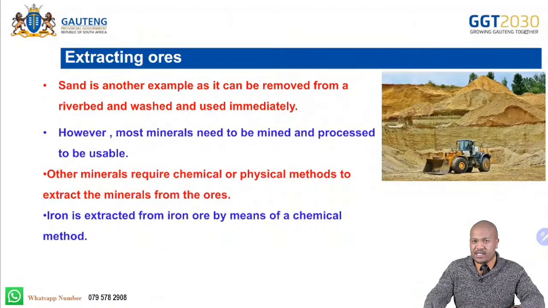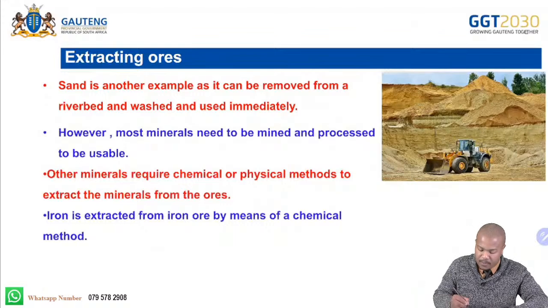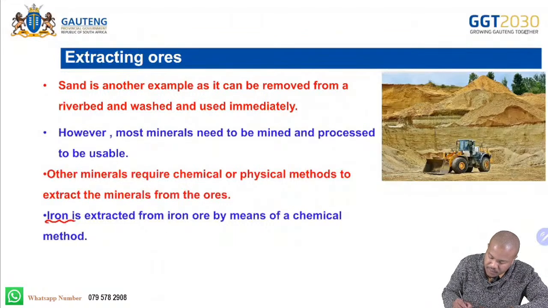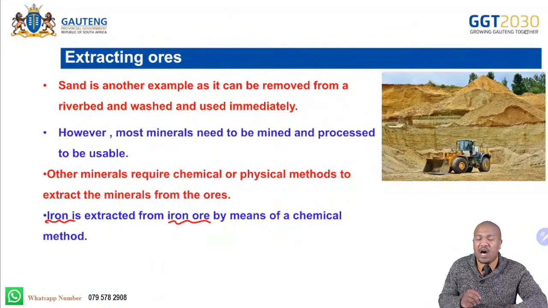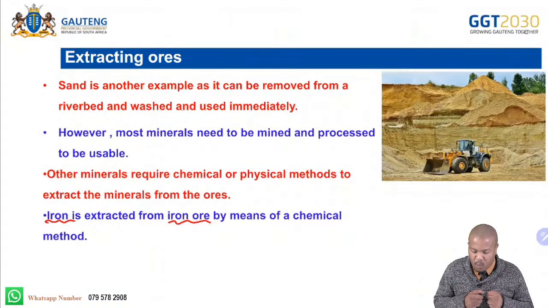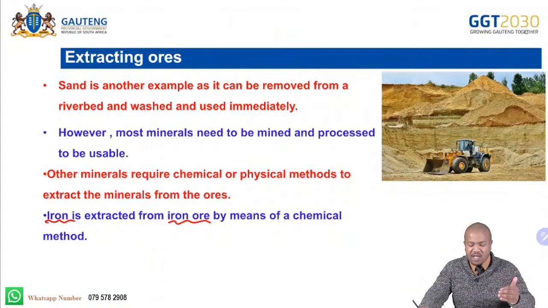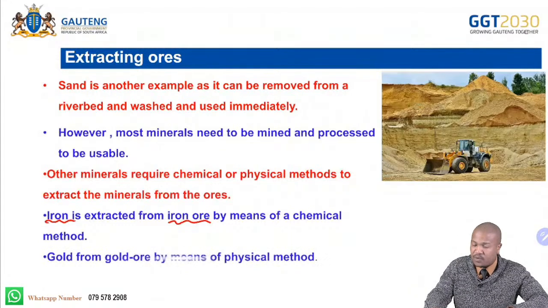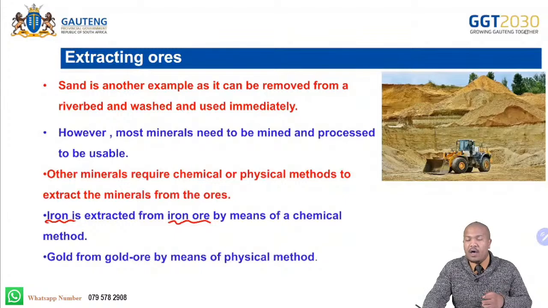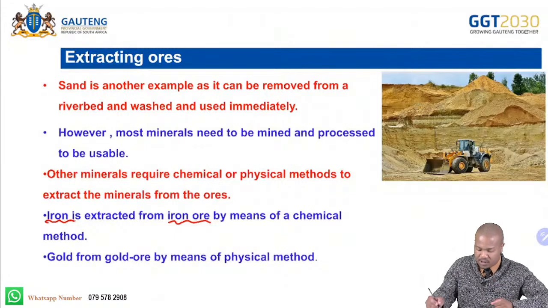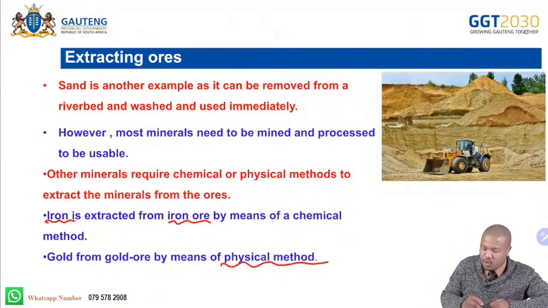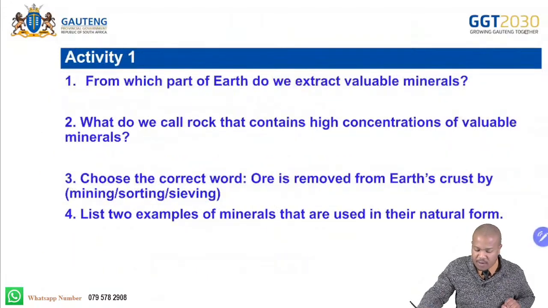Iron, for example, is extracted from iron ore by means of a chemical method. And gold is removed from gold ore by means of physical methods. We're going to look at these examples one by one.